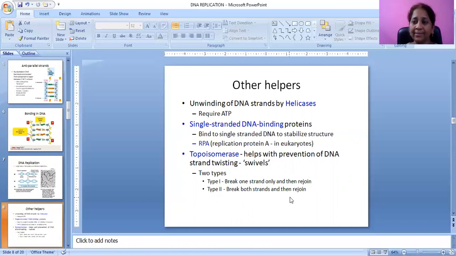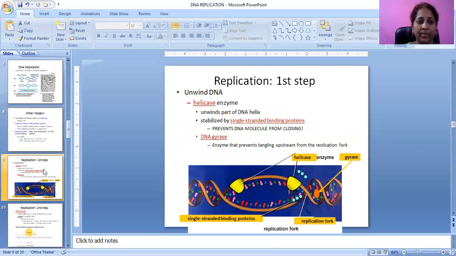Topoisomerases and helicases: helicase unwinds the DNA strands. Then topoisomerase 1 breaks only one strand, then rejoins, and topoisomerase 2 breaks both strands and then rejoins. Replication: in the first step, unwinding of DNA. Helicase enzyme unwinds parts of the DNA helix.